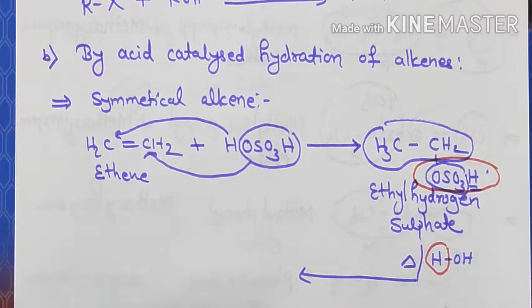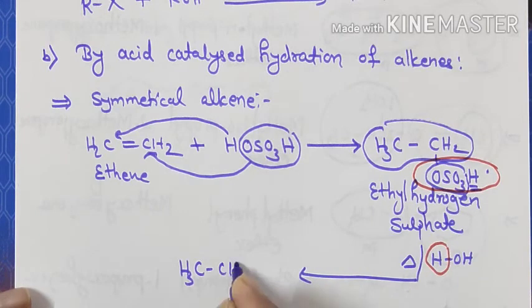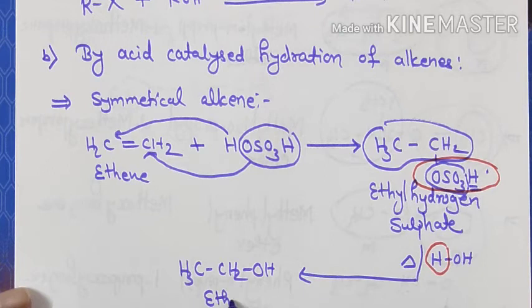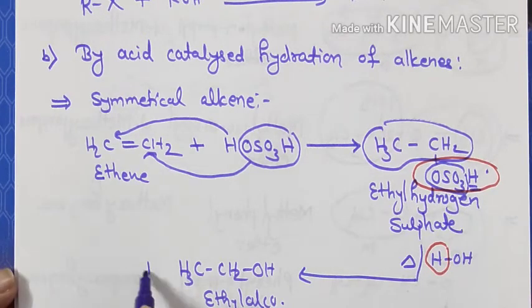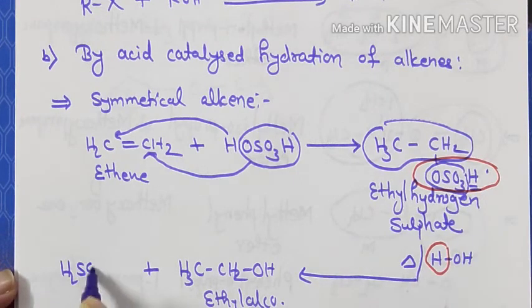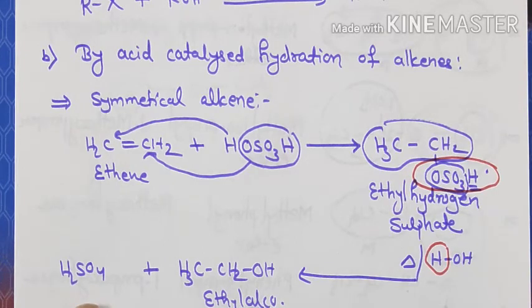When OH gets added, the product will be H3C-CH2OH. That means ethyl alcohol is obtained. Also this H and this combine to form H2SO4. That means at the end of the reaction sulfuric acid is regenerated.